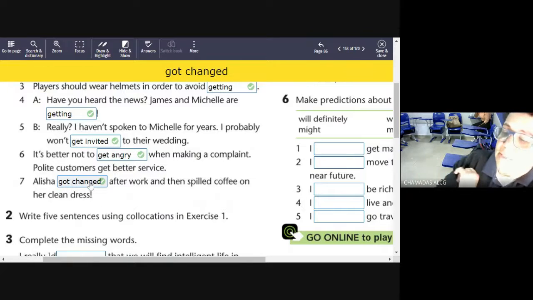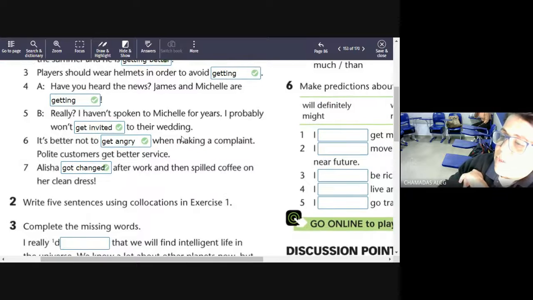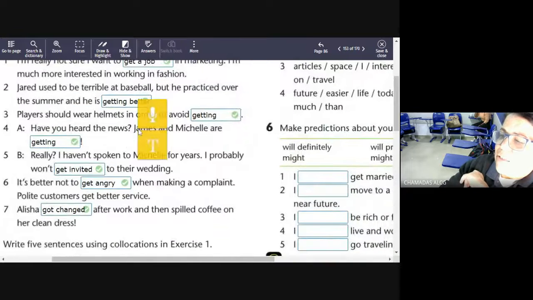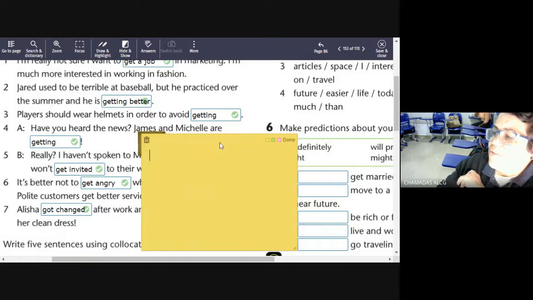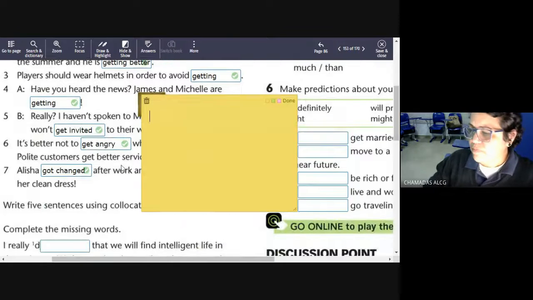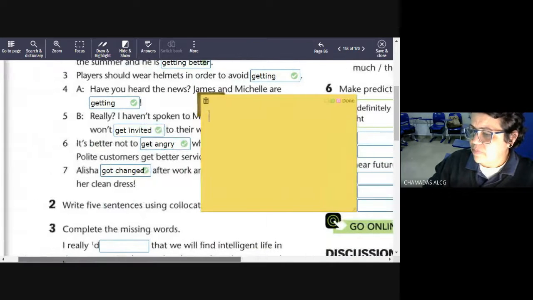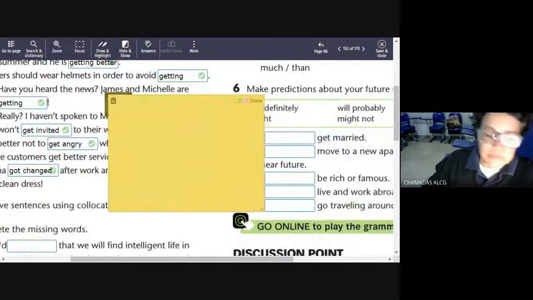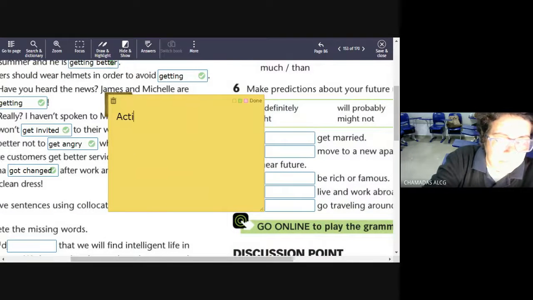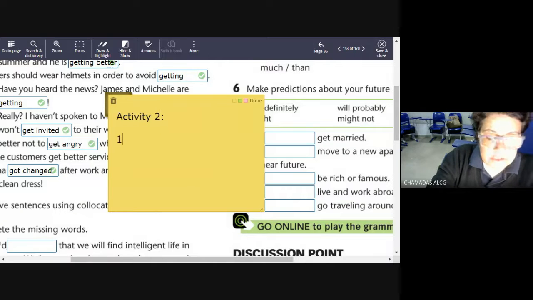Okay, here it's in the past. So they want us to use 5. That's quite a lot. So let's see. Exercise 2. So let's do number 1.